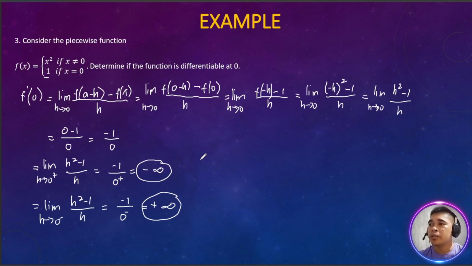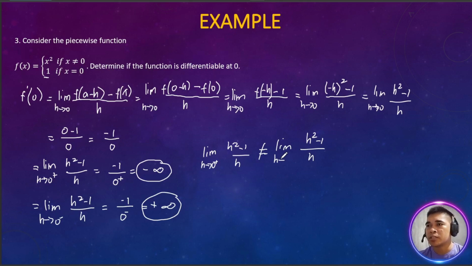Therefore, the limit of h squared minus 1 over h as h approaches 0 from the right is not equal to the limit as h approaches 0 from the left.